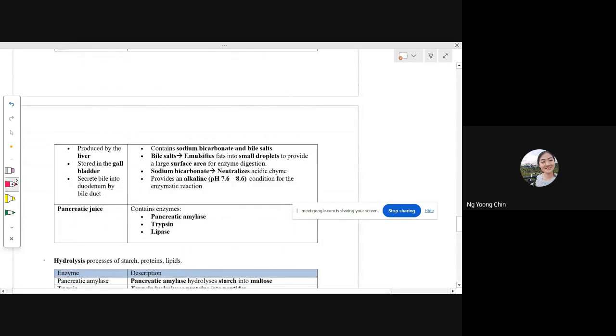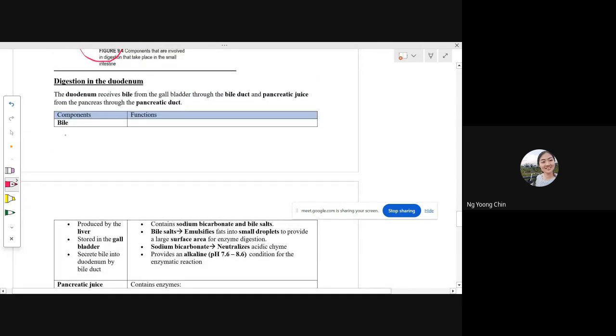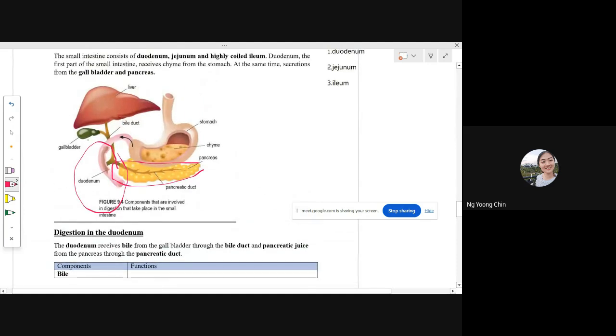Secondly, you need to know about the bile. Bile is produced by the liver. The liver is the organ that produces bile. However, the bile is stored in the gallbladder, which is another organ attached to the liver. This is the gallbladder.